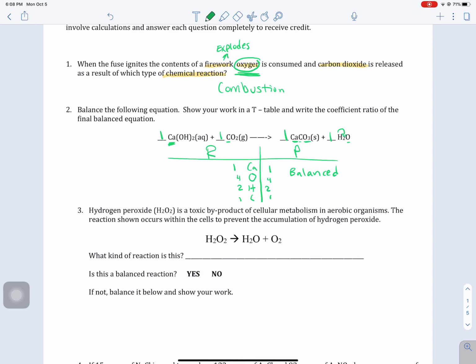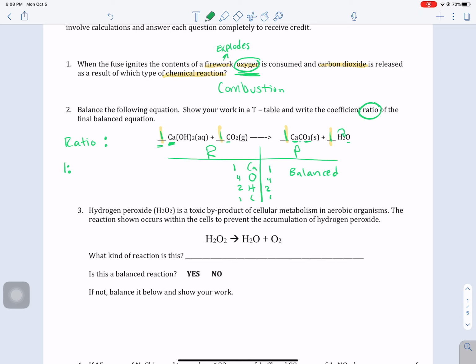And then it asks you to do a ratio. Remember, for a ratio you look at the coefficients only. The first coefficient is 1. The second coefficient is also 1. But remember, in order to separate them, we have to put a colon.